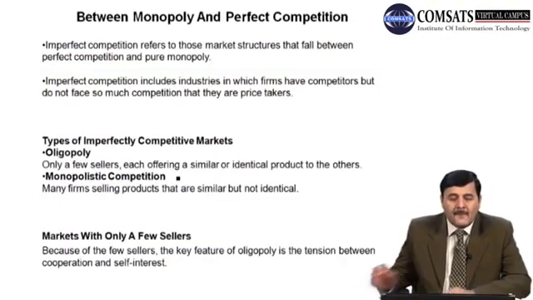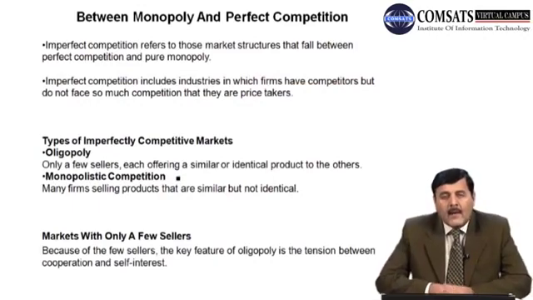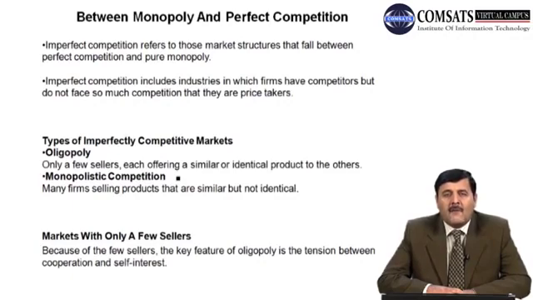So we start with understanding the concept of oligopoly. So as we said, it is somewhere between monopoly and perfect competition. We have a market structure that is known as imperfect competition.